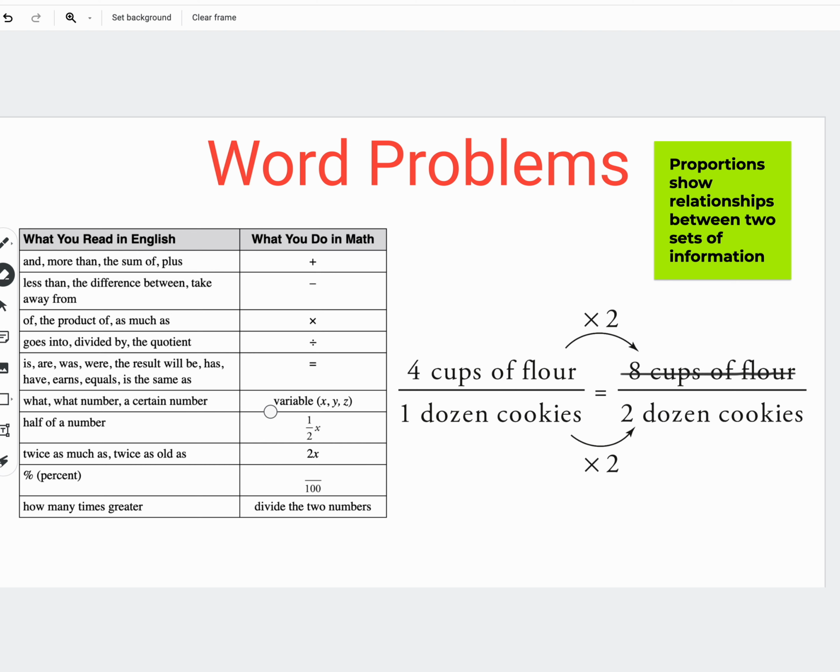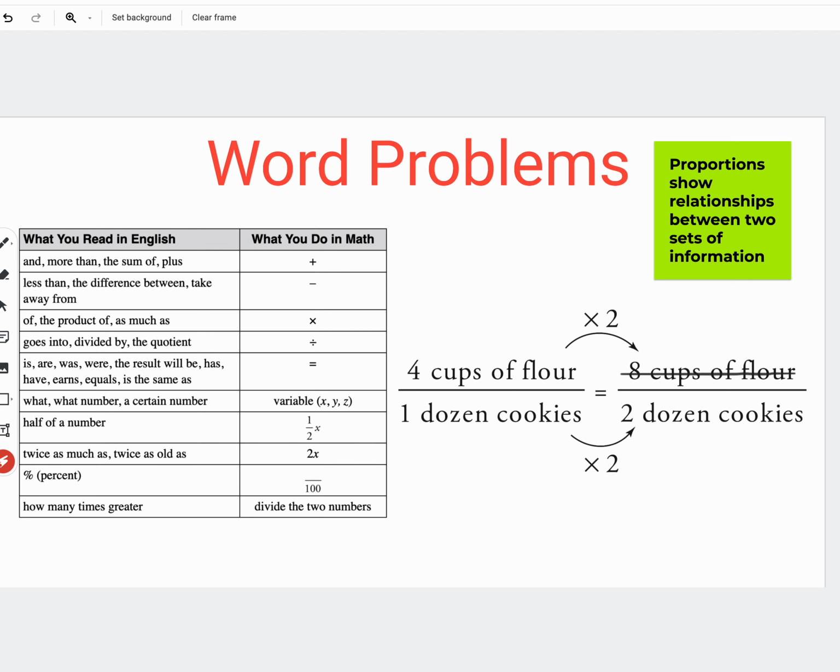Whenever a question gives you one set of data and part of another set, it will ask you for the missing part of that second set of data. Here we are looking at cross multiplication and proportions. To find the missing information, we will need to set up the information in fractions, just like this example. We want to be careful to put the same information in the same place. For example, we will need to put flour on top and cookies on the bottom of our fractions for the proportional relationship.